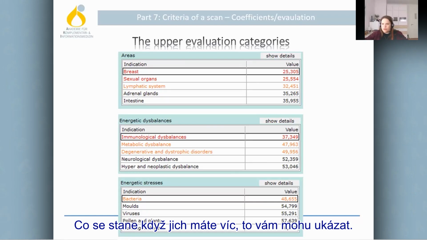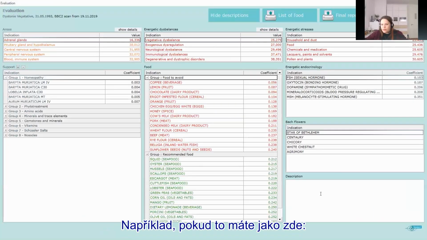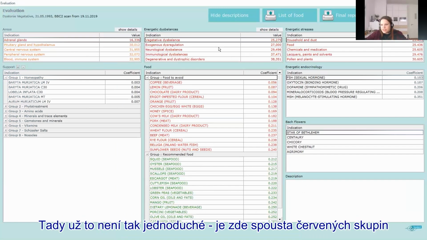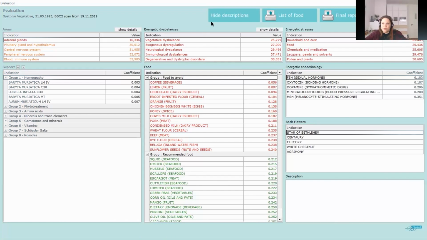I can show you the evaluation we had before again. For example, when you have it like this, it's not that easy anymore. You have a lot of red groups, and it's harder to focus on where to start with all these red groups.